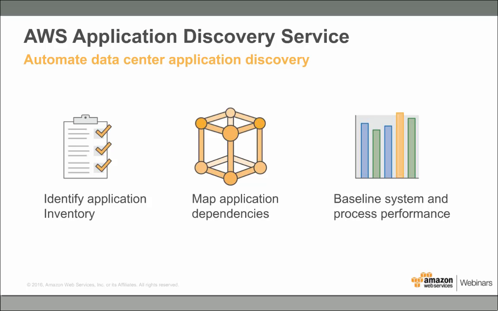So the discovery service will provide you enough data to make those intelligent decisions on what's the baseline performance of the system and how each process is consuming system resources, and what are your opportunities to optimize or right size along with your migration phase.